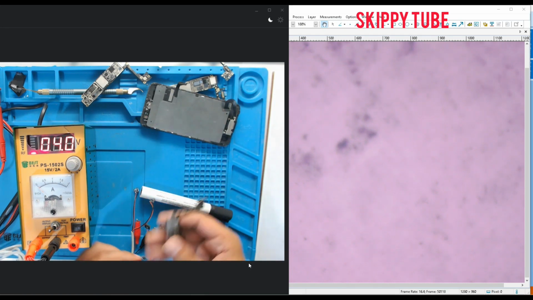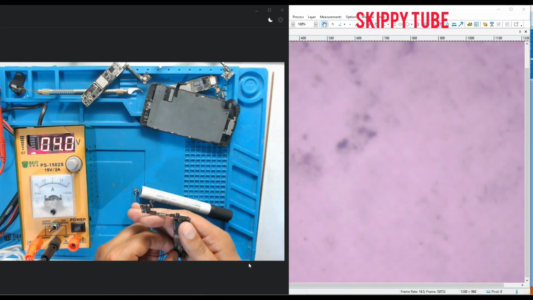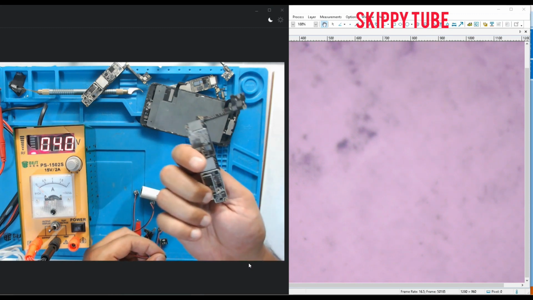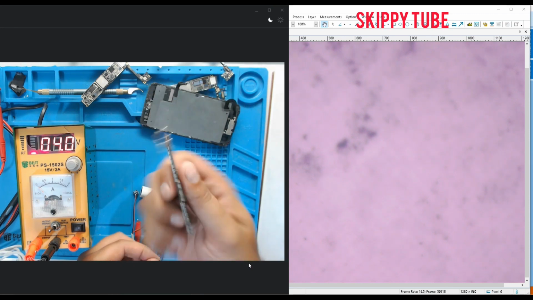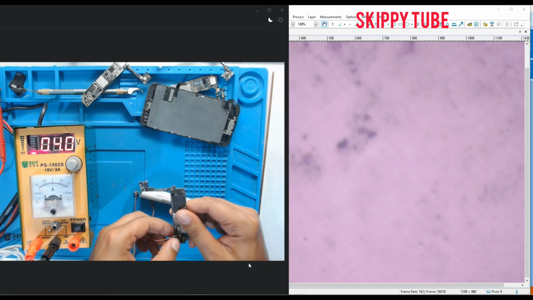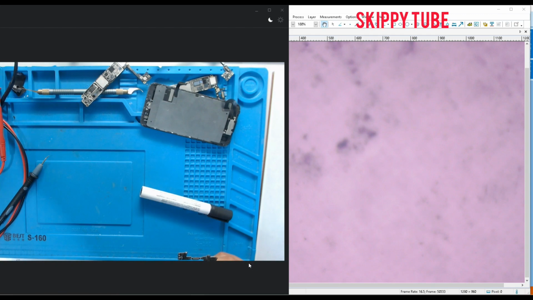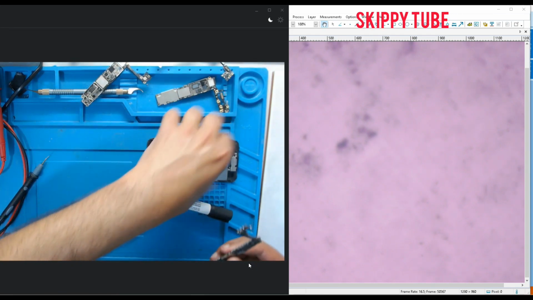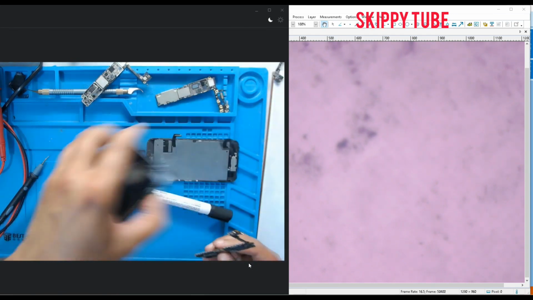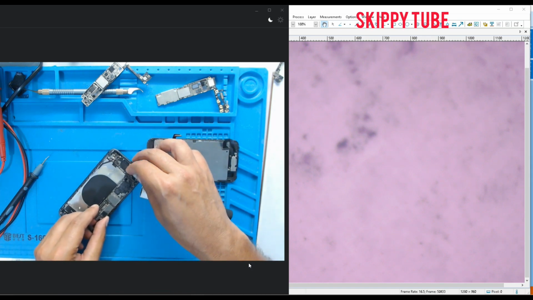Now I just want to check, you see this one. I want to check whether the short circuit is gone or not. You see it's gone. Because this is a phone, if it works, I think it's iCloud.